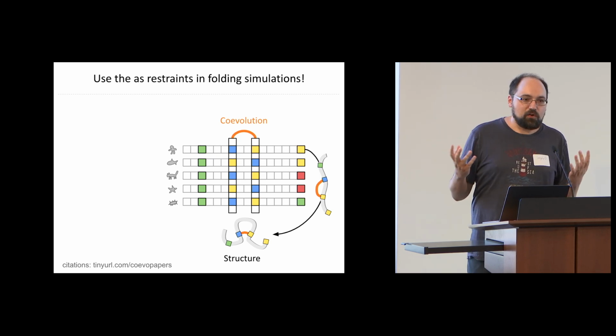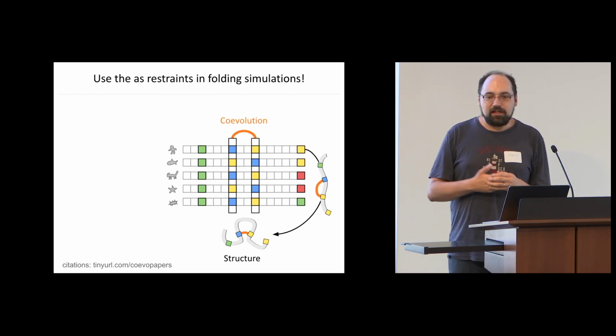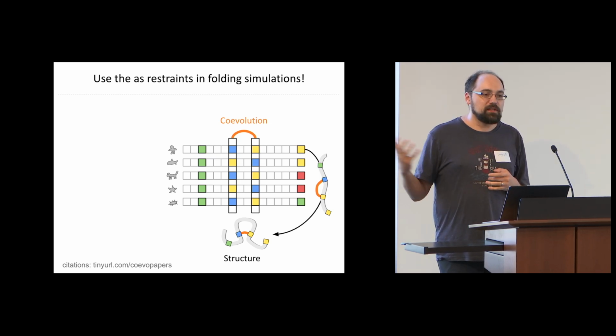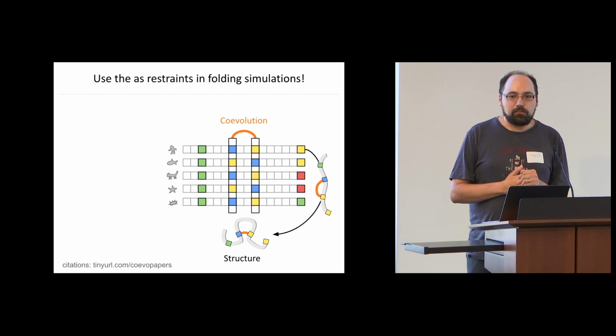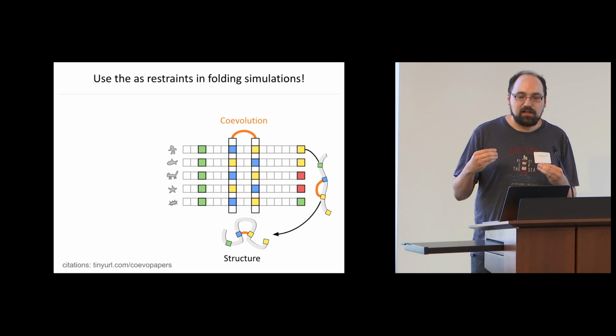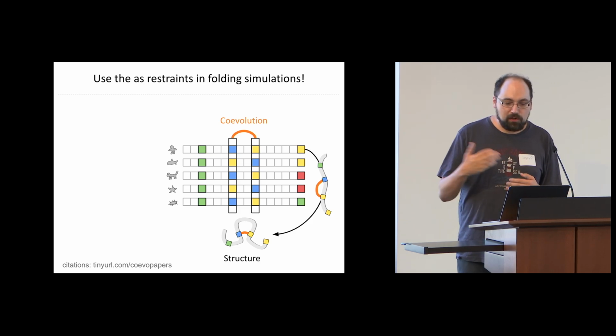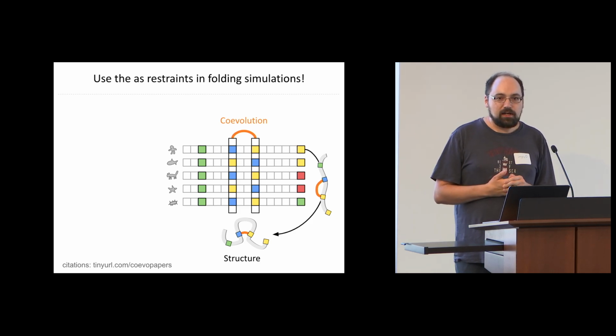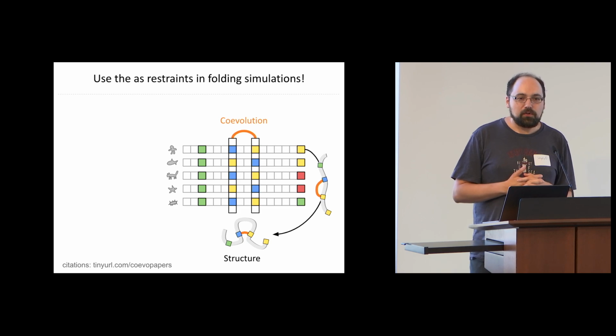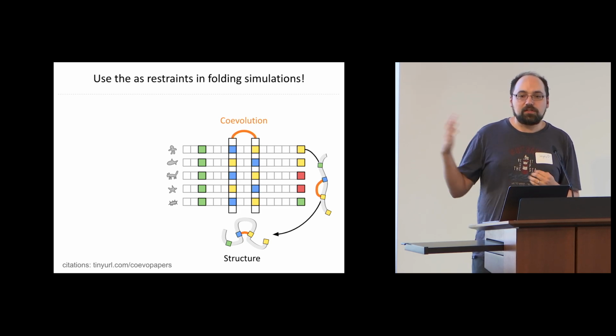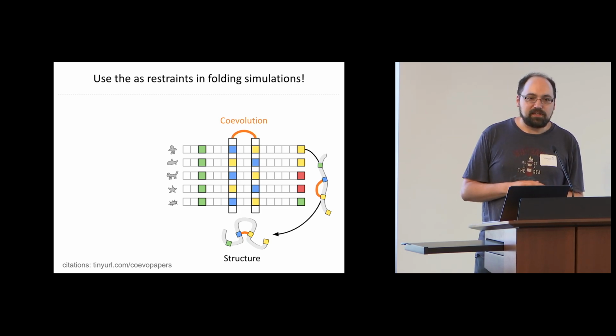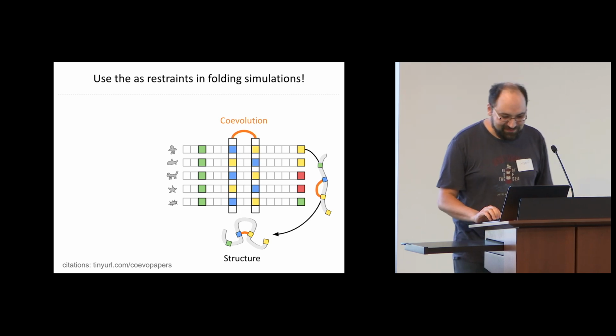You may all have heard about AlphaFold. At the end of the day, it looks like AlphaFold is essentially still using this exact same information to make its predictions. It extracts these covariance patterns from a collection of related sequences, and that's how it works. What I'll try to argue today is that even these new protein language models are essentially still doing the same thing, but more implicitly than explicitly.